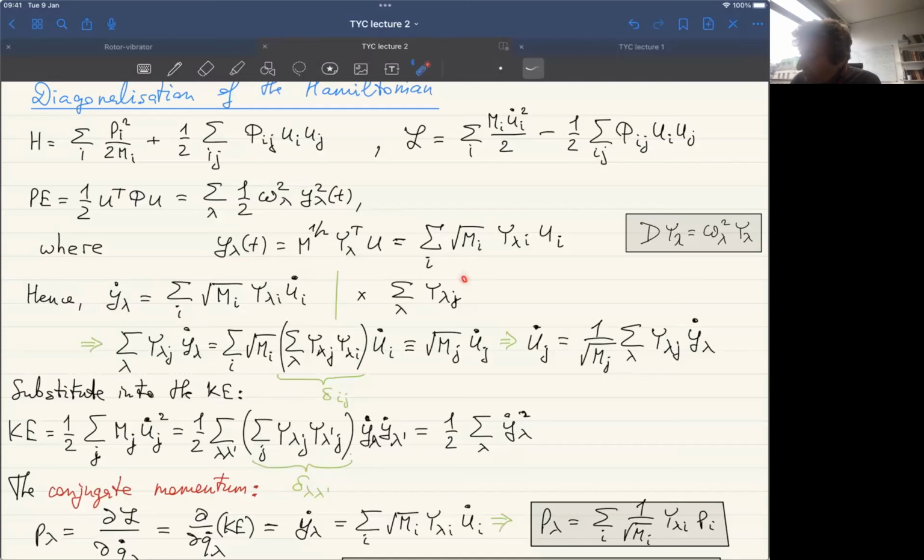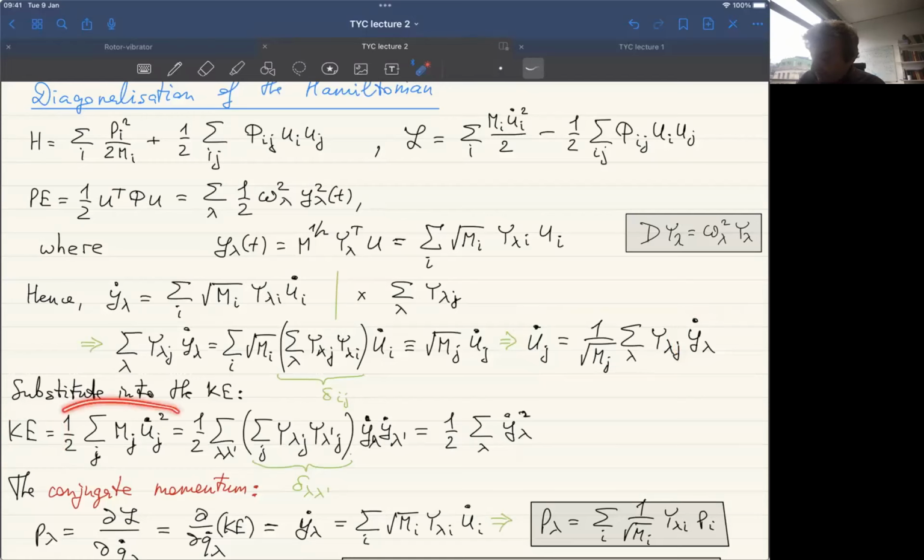This is done by simply multiplying both sides of this expression by the j component of the normal mode and summing over all normal modes. If you do this, you would be able to determine the atomic displacement velocity in terms of the velocities of normal modes. Okay, and that we need because what we would like to do is to calculate the kinetic energy.